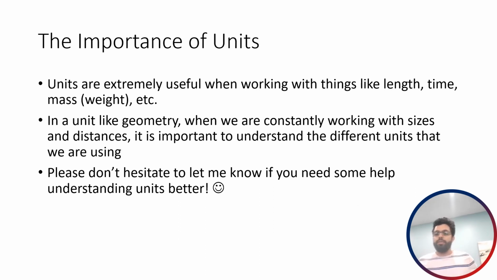So if you were to just write down a number, like, oh yeah, the perimeter of that rectangle is 11. 11 what? 11 centimeters? 11 inches? Because 11 inches is not the same thing as 11 centimeters, right? 11 inches, you've got to multiply that by 2.5 to get how many centimeters that's going to be. So you're not going to get the same answer at all. So if you just said, oh yeah, I measured it, it came out to be 11. 11 what? You need to write down the units, right?